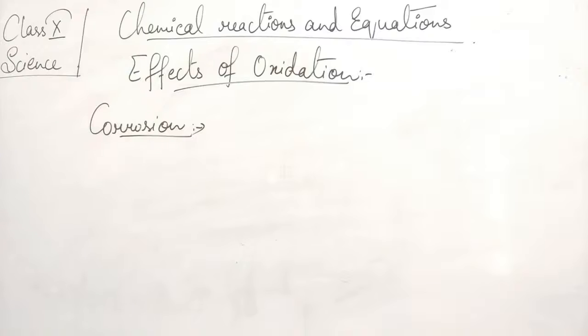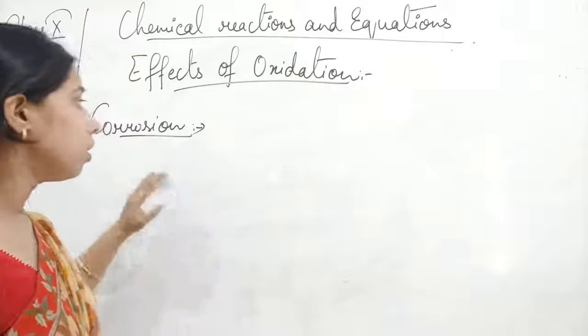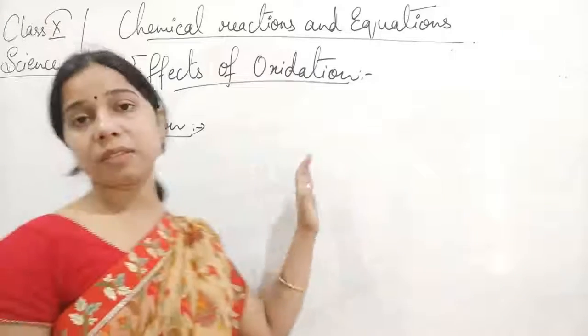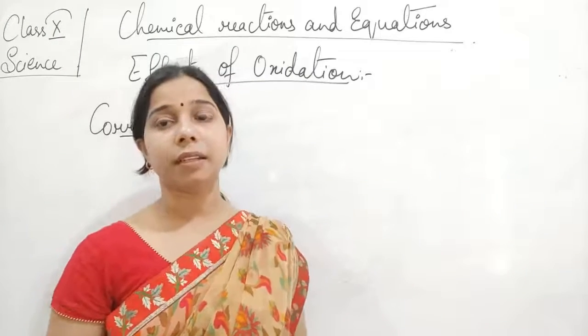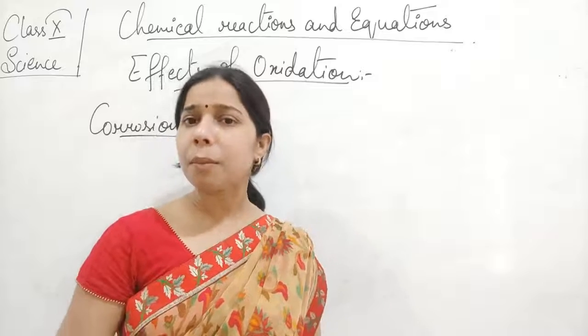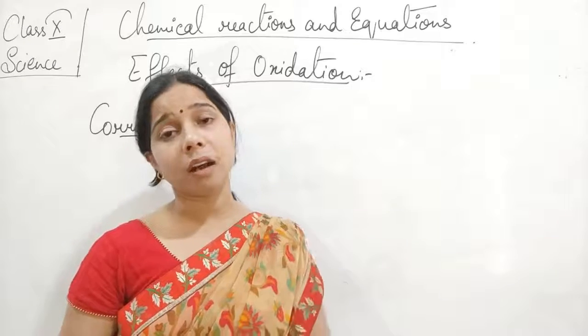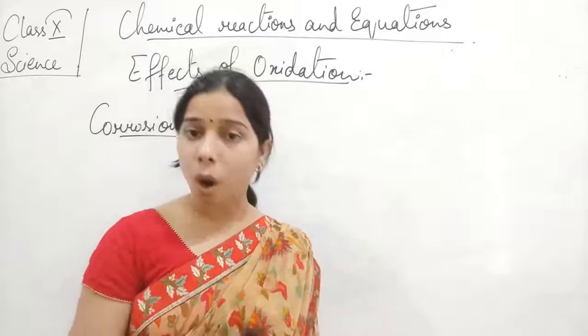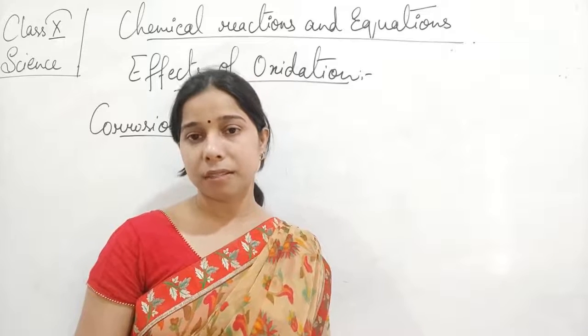Then the third one is corrosion, how the oxidation process occurs in metal, and finally rancidity. So these are some of the effects that we can see in our daily life because of the oxidation process.